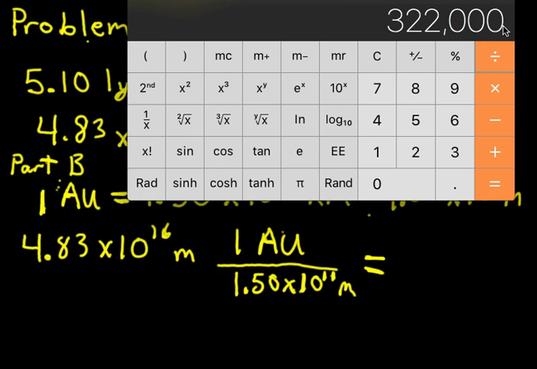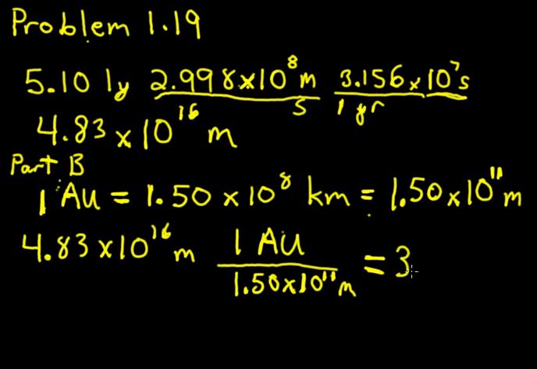If I count decimal places, 1, 2, 3, 4, 5, so 3.22 times 10 to the 5th AU. And if we look at our original answer, it was in 3 sig figs. This is in 3 sig figs. So we have a good solution here.